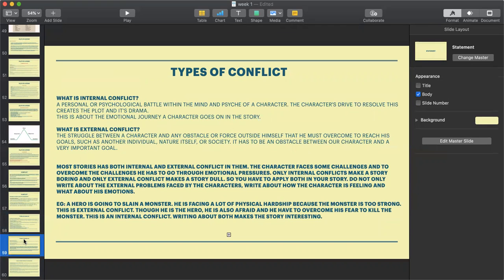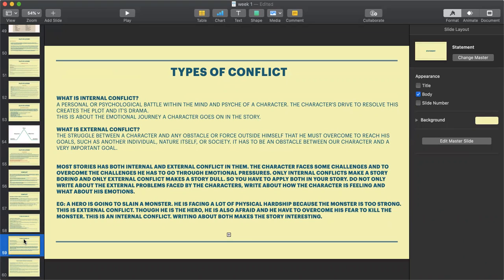When you are talking about internal conflict, you have to talk about the reason why he is facing it. The reason can be external. But you're talking about the emotional journey of the character. When you're talking about the external conflict, it's the character's struggle with another individual, nature, society, etc., but in the way how he is feeling, how his psychology is.